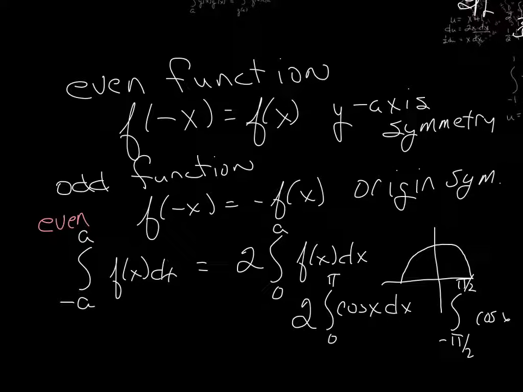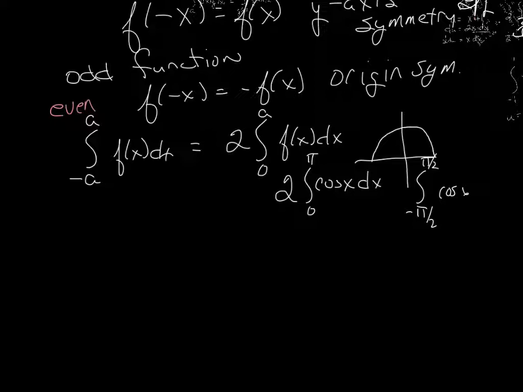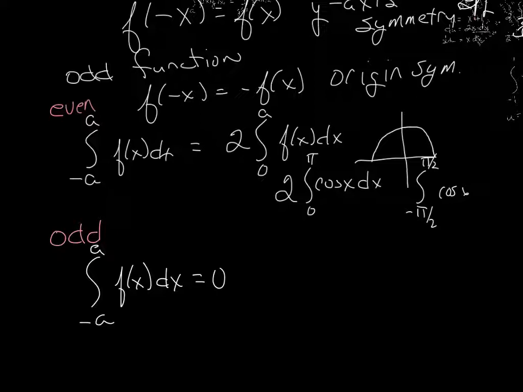All right, let's look at what it says for an odd function. For an odd function, if you go from negative a to a, now that's the qualification, these have to be opposites of each other, of f of x dx, we get 0. Okay.